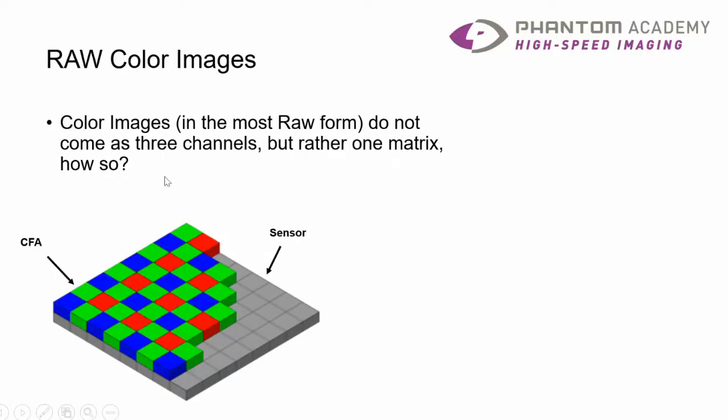Now let's see how those color images are created. They use what we call color filter arrays, which are a mosaic of color filters that overlays the pixels comprising the sensor. They basically limit the light so that only one wavelength goes through, and they normally come in green, red, and blue.